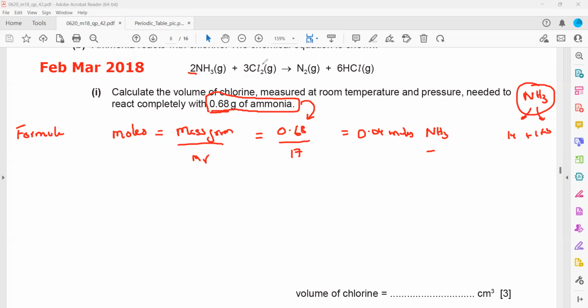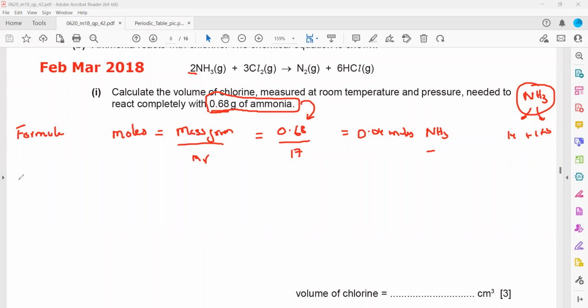According to the equation, 2 moles of ammonia react with 3 moles of chlorine, but according to this mass, we don't have 2 moles. We divide by the molar mass, and molar mass is always for 1 mole. Whenever you use a molar mass, you always divide the mass by the mass of 1 mole. So 0.68 divided by 17 gave us the moles of ammonia. That is the first part.